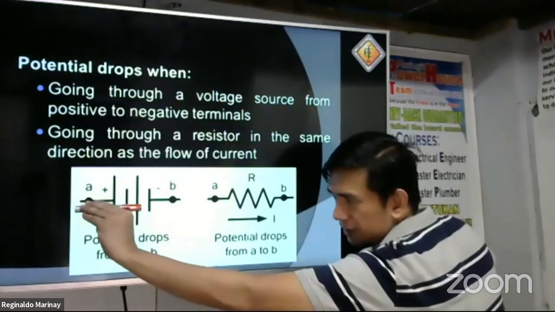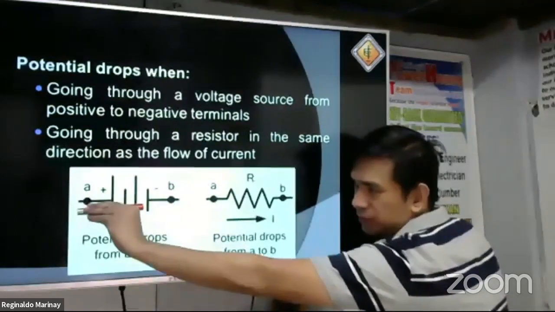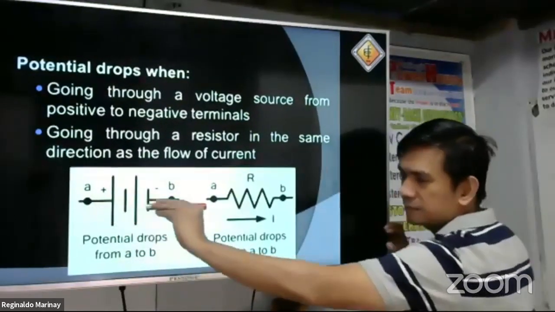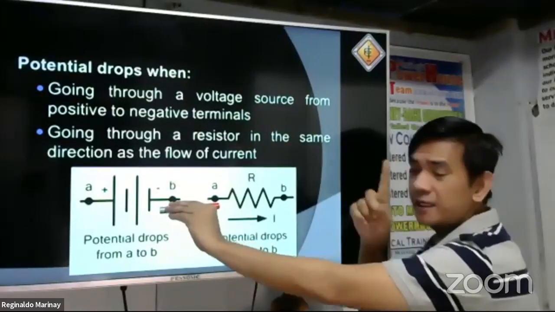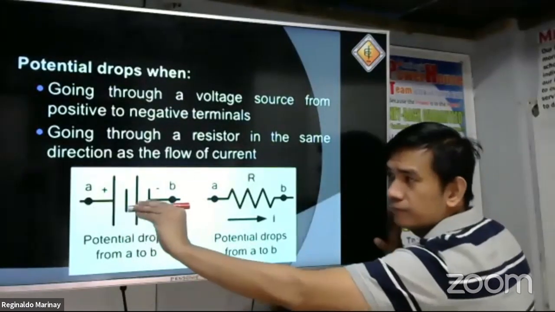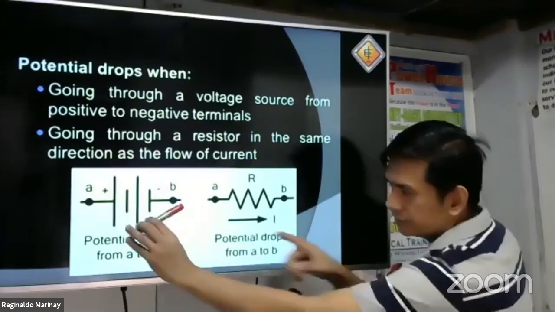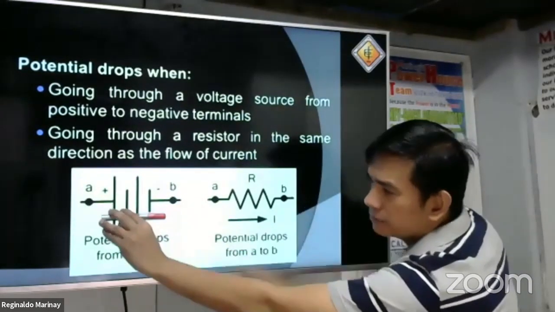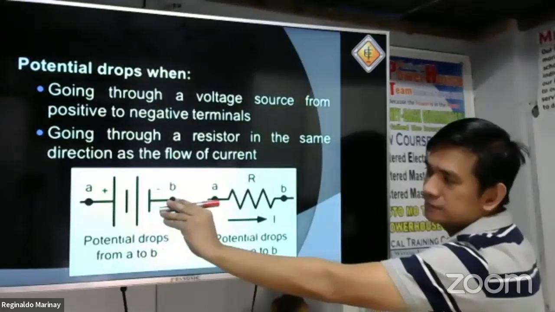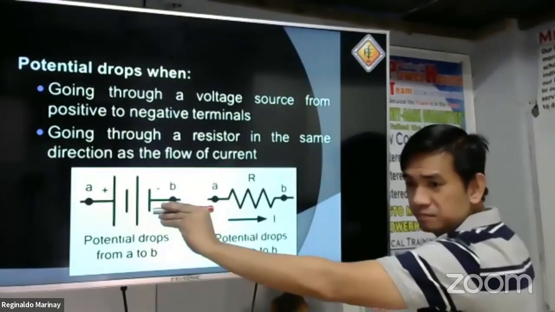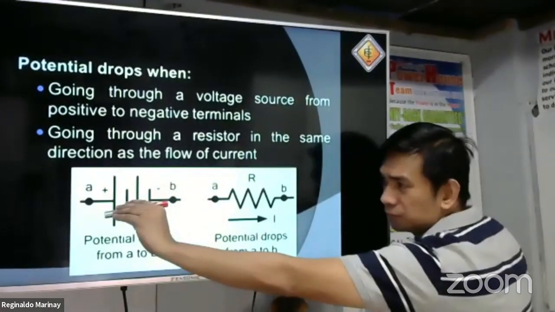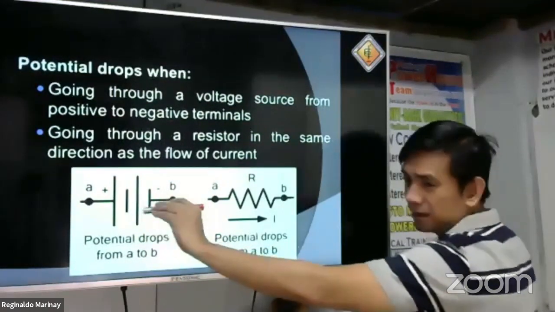If the direction of the current is from positive to negative, just like this one, there is a potential drop. Or when it leaves on the negative terminal of the battery, let's say this is the arrow of the current, it leaves on the negative of your battery. So meaning, it is a potential drop.